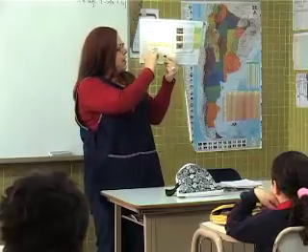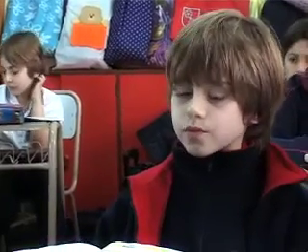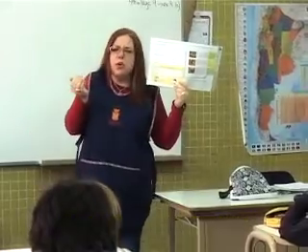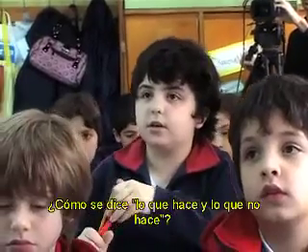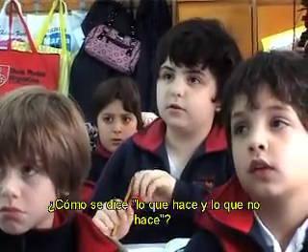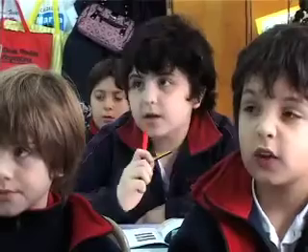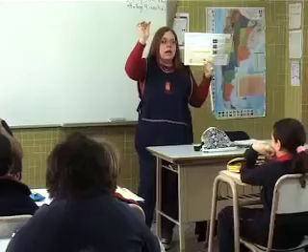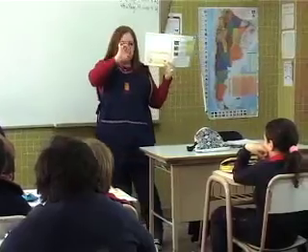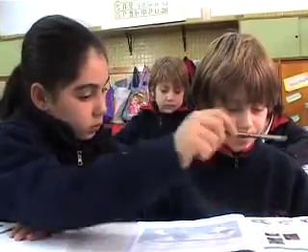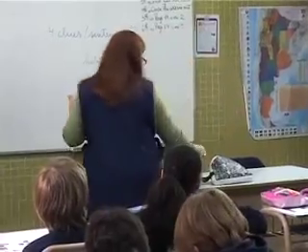Y ahora, fíjense que hay ticks and crosses all over. What are these ticks and crosses for? How you say lo que hacen, lo que no y lo que no hacen. Exactly. Si tengo un tick, ¿qué me quiere decir? Yes, they do it. Si tengo una cross, no, they don't.